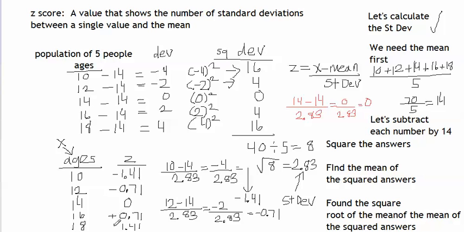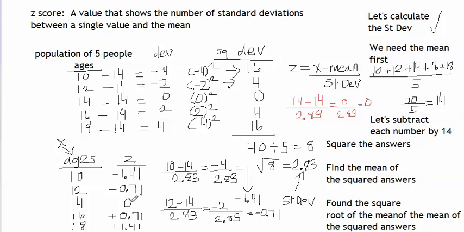So numbers that are below the mean or below average get negative z-scores. Numbers above the mean get positive z-scores. If it's right at the mean, like 14, it gets a z-score of 0. And it's showing the number of standard deviations between this person's age of 10 and the mean of 14. So this person is 1.41 standard deviations below the mean of 14.